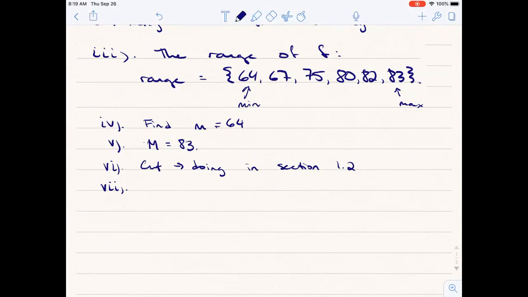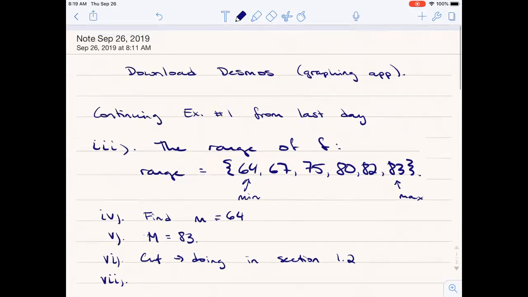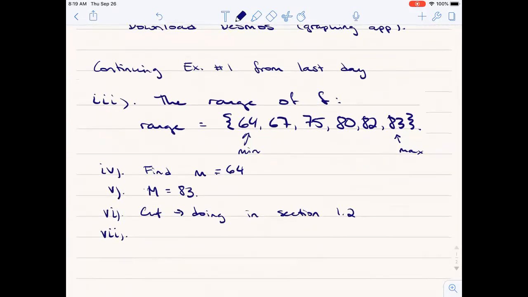And so to make this continuous, what would we need to do? The problem is that we only have time points 0, 2, 4, 6, 8, 10, 12, right? And so to make it continuous, we would need to continuously measure the temperature and record it.